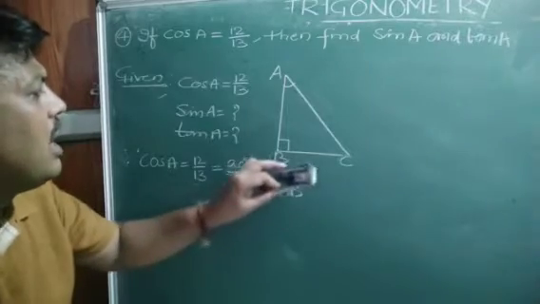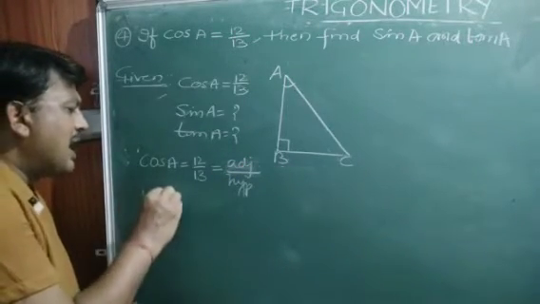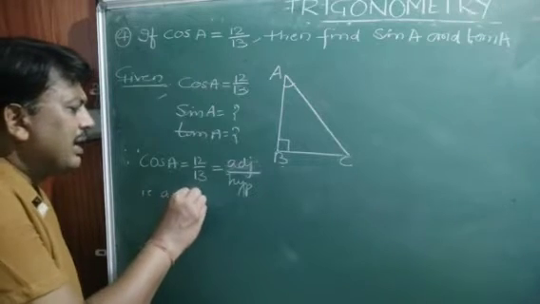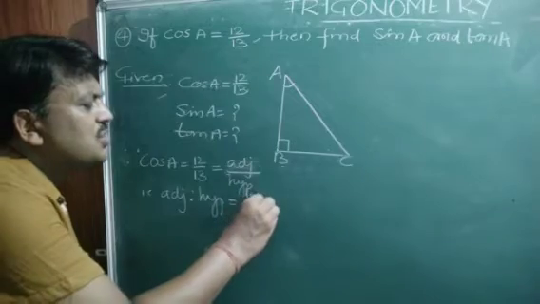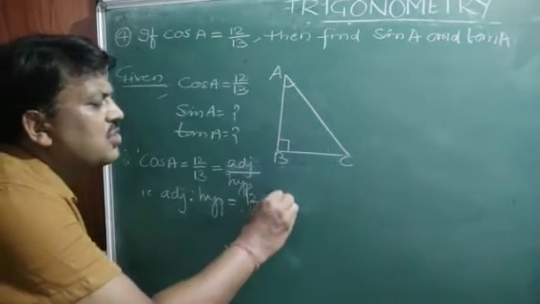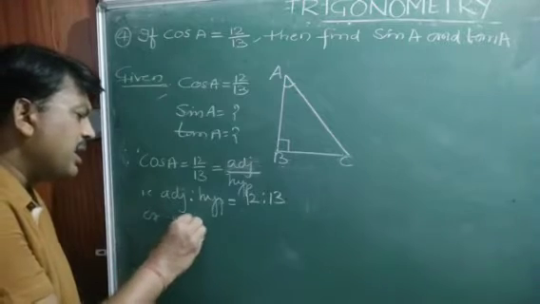Or without expressing it, you can write that adjacent is to hypotenuse is equal to 12 is to 13. What is the meaning?